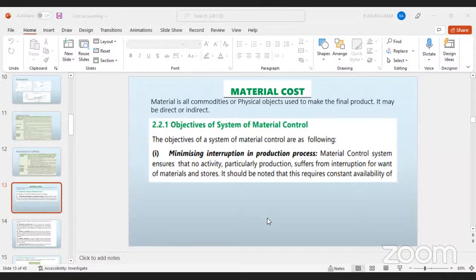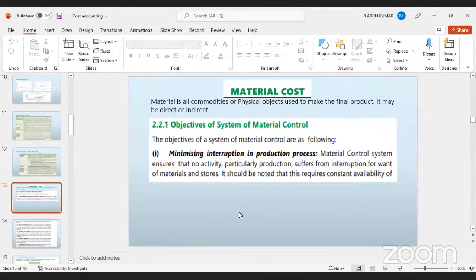For the final product we have different types of process, for example process A, process B, and process C. In these processes we lose some materials. So for reducing our cost, we maintain this cost accounting system, and we control and minimize the interruptions in the production process.